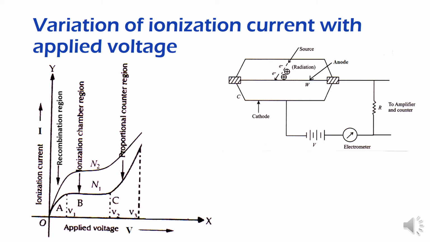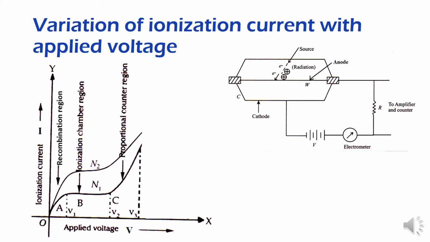Because of this very high attractive force, the electrons will move towards the anode with very high speed and very high kinetic energy, and as a result they experience collisions.